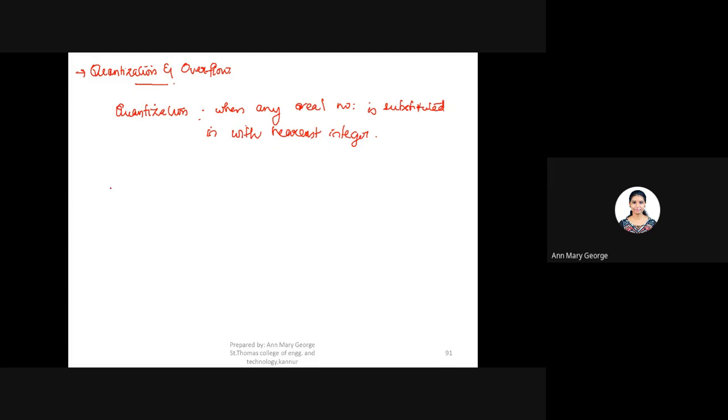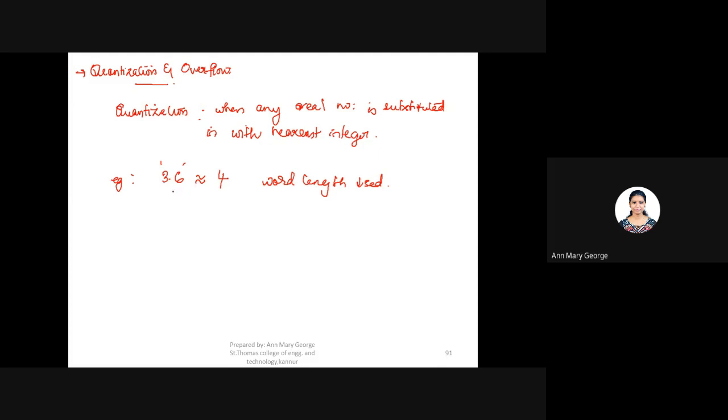You can write an example. If we are considering 3.6, we can round it as 4, with the nearest integer. What happens is that in this case the word length gets reduced.